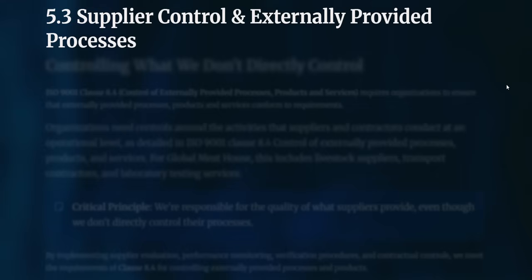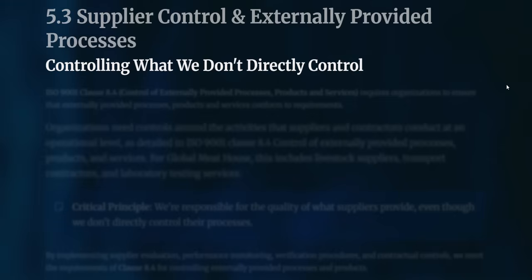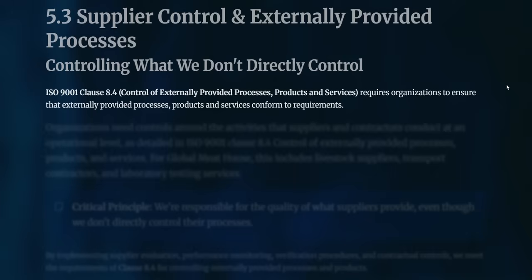Third pillar, supplier control and externally provided processes. Controlling what we don't directly control. Seems complicated, but this is simple with ISO 9001, and let's do it together. ISO 9001 clause 8.4, control of externally provided processes, products, and services, requires organizations to ensure that externally provided processes, products, and services conform to requirements.